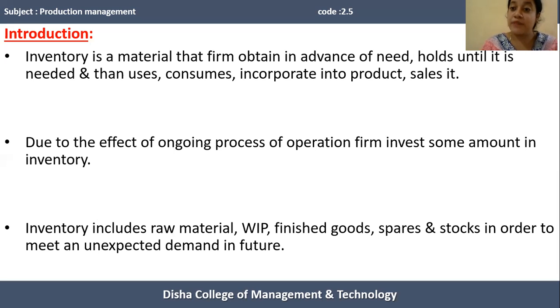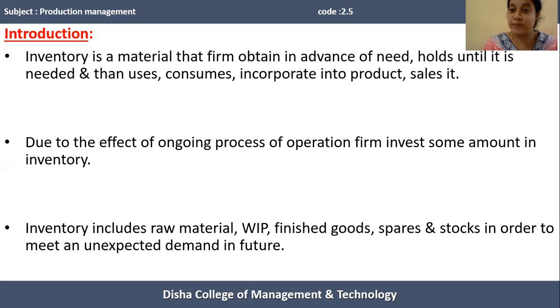Means a number of items come under the area of inventory, that is raw material, work in progress, finished goods, spare parts, and other stocks. Means whatever items are necessary for manufacturing a particular product come under the area of inventory. So we can say inventory is a broader perspective as compared to material.